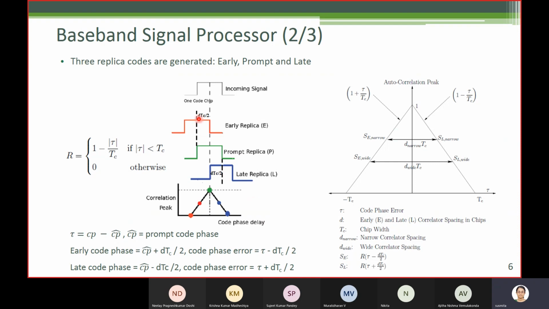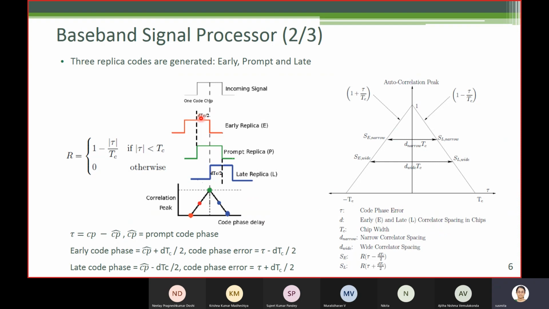Now D has a name. D is called the early and late correlator spacing. The early is shifted ahead of the prompt by D/2 chips. Late is shifted behind the prompt by D/2 chips. What is the separation between early and late? It is D. That's why D is the early and late correlator spacing.